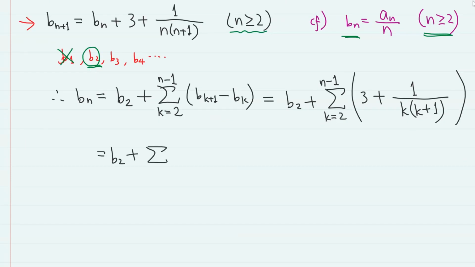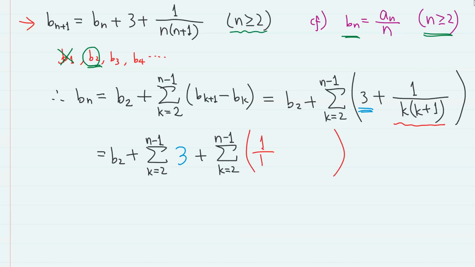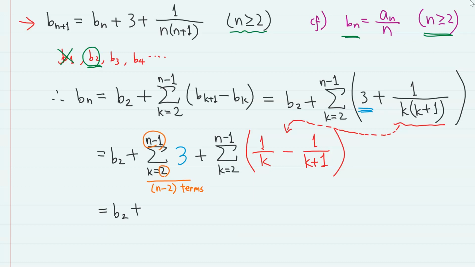Here, let us split the summation into the summation of 3 and the summation of 1 over k(k+1), which can be also written as the partial fraction 1 over k minus 1 over (k+1). So for the first sigma, we have n minus 2 terms because k is from 2 to n minus 1.